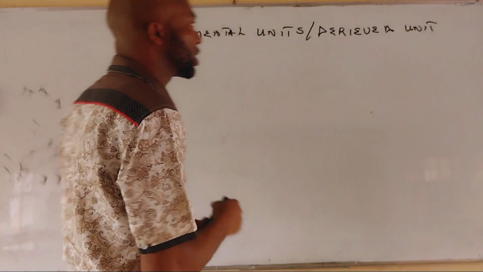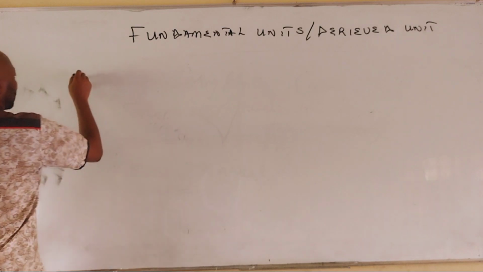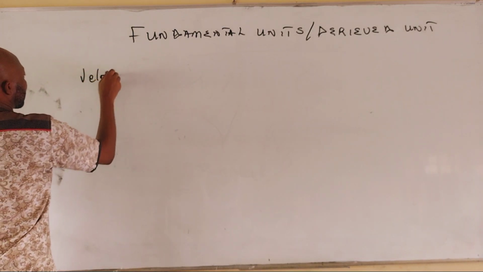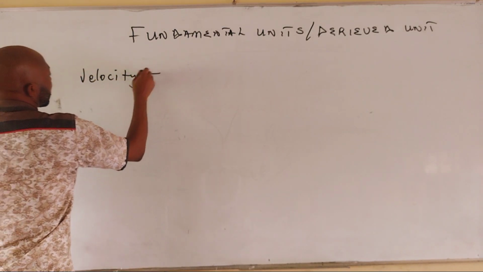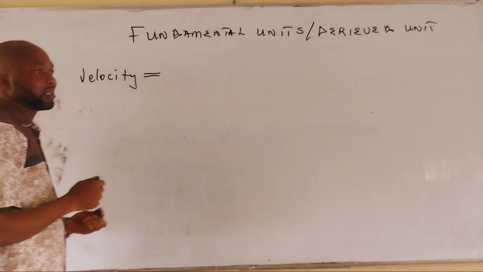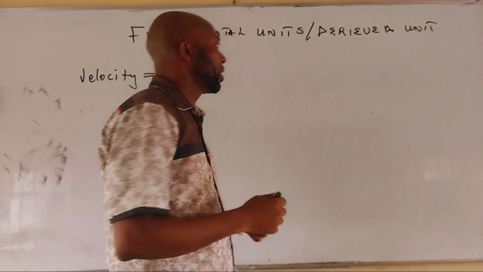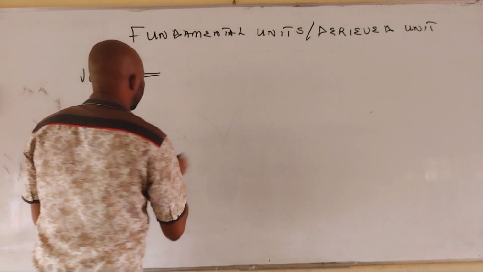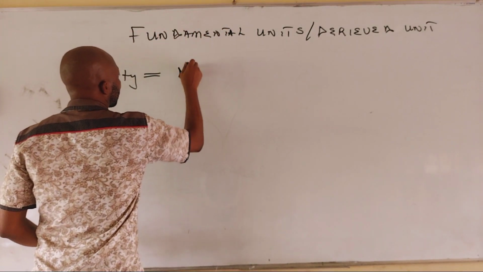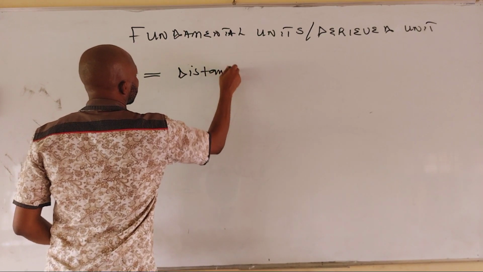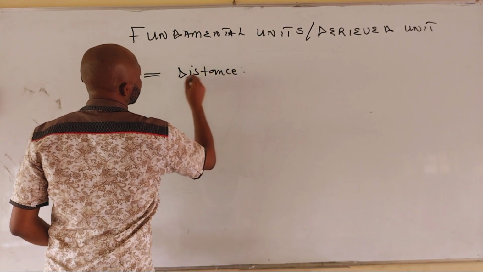Let's say velocity, for example. Velocity is defined as distance over time, or some texts will say displacement over time. So let's use distance over time.